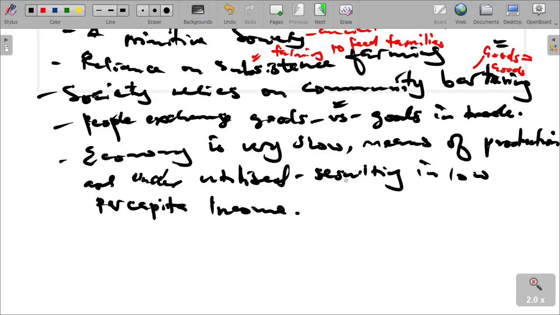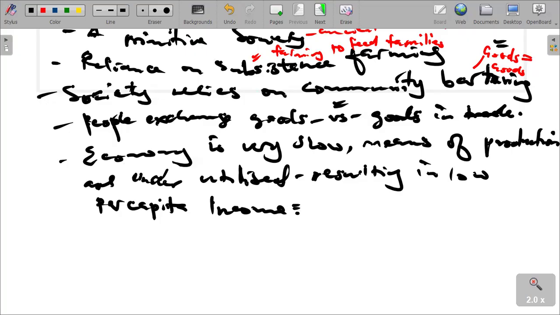It's because we don't have mechanization, resulting in low per capita output, which we have as one of the main characteristics shown here. And per capita income also is low.